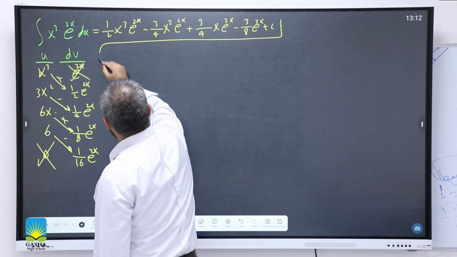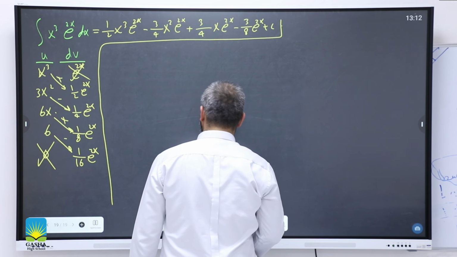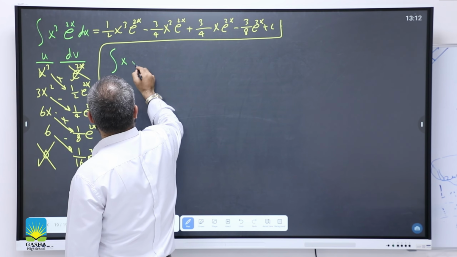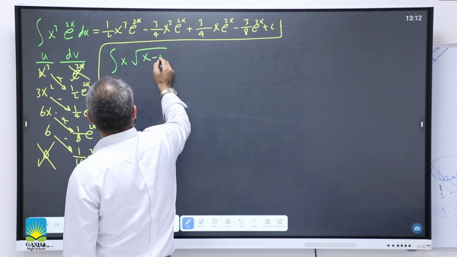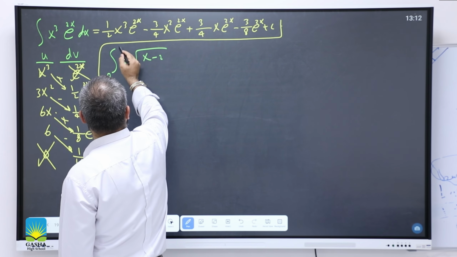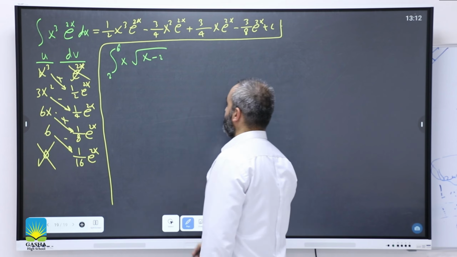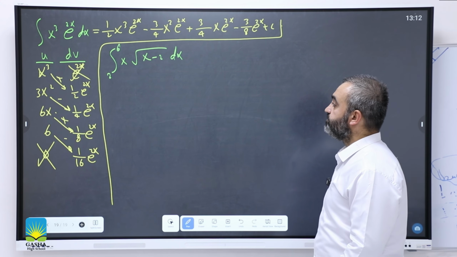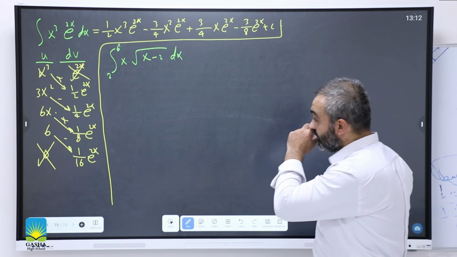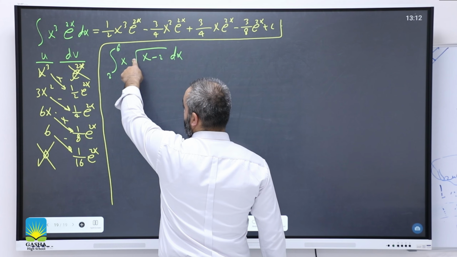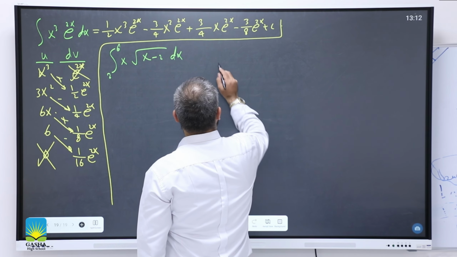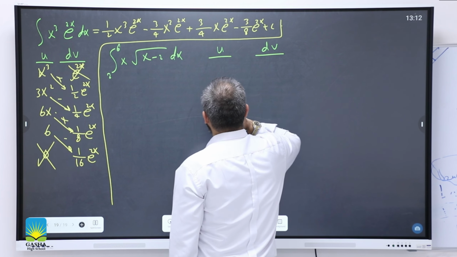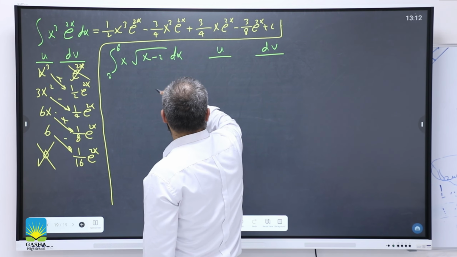And we change to the integral of x square root of x minus 2 from 2 to 6. What is the integral about this? Because we have x here and square root here, we apply the same method.